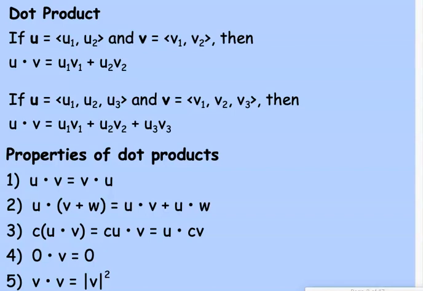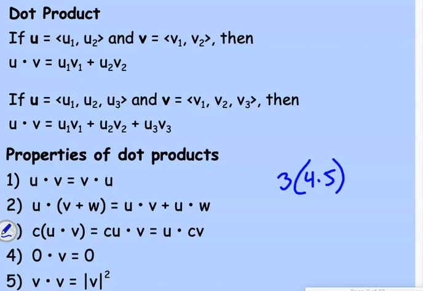A lot of times algebra 2 students have trouble with this. If I have 3 times 4 times 5, they think they have to distribute here. But if there's no plus, if it's just times, it's just 3 times 4 times 5, right? So if I have 3 times u dot v, that's either 3u dot v or u dot 3v, either way. Put the 3 in the beginning or the end, wherever you want to multiply that 3.